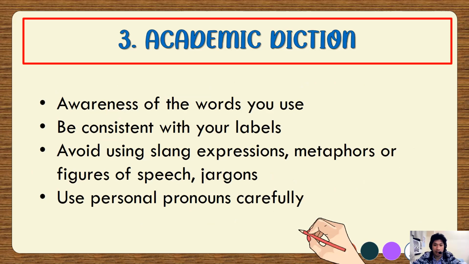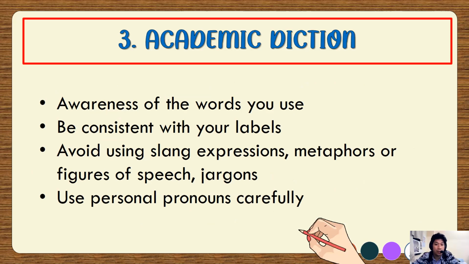Next is academic diction. Academic diction refers to the linguistic choices a writer makes to convey ideas or standpoint effectively. So when writing in an academic diction, you must take note of the following.